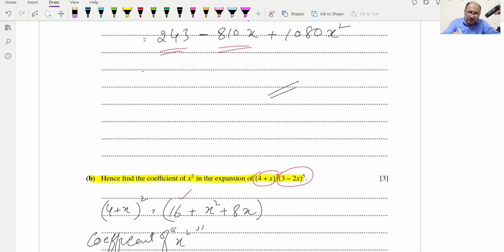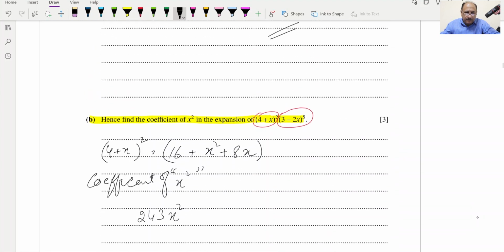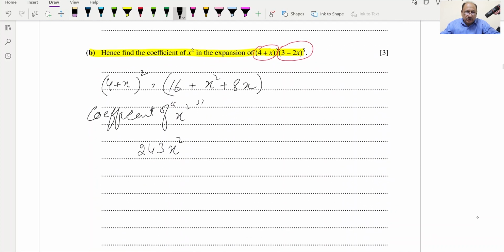So these are the x squared terms which we will be writing over here. First of all we can write 243 multiplied by x squared, so it will be 243x squared. Then 810x multiplied by 8x, so it will basically be minus 810 multiplied by 8, and this will also be x squared.